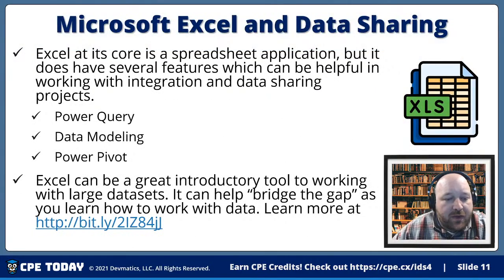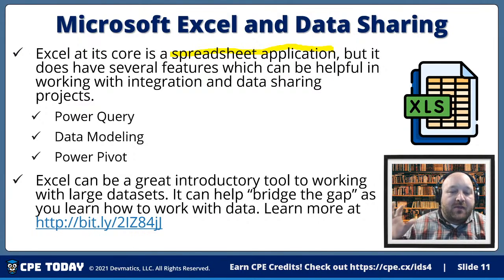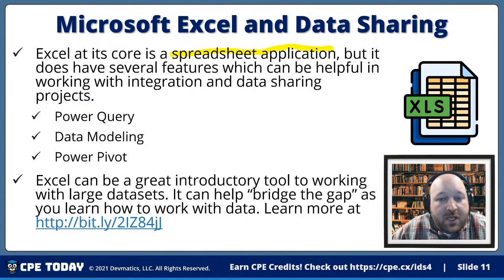And within Excel, there are three main functionalities I want to make you aware of. Now, Excel at its core is a spreadsheet application. It is a collection of rows and columns, and rows and columns are a collection of cells. That is the primary intention of what Excel can do, to put stuff into that spreadsheet format. However, there is a superset of Excel functionality above and beyond the cells, rows and columns, which can be incredibly helpful with working with data coming from many different places.